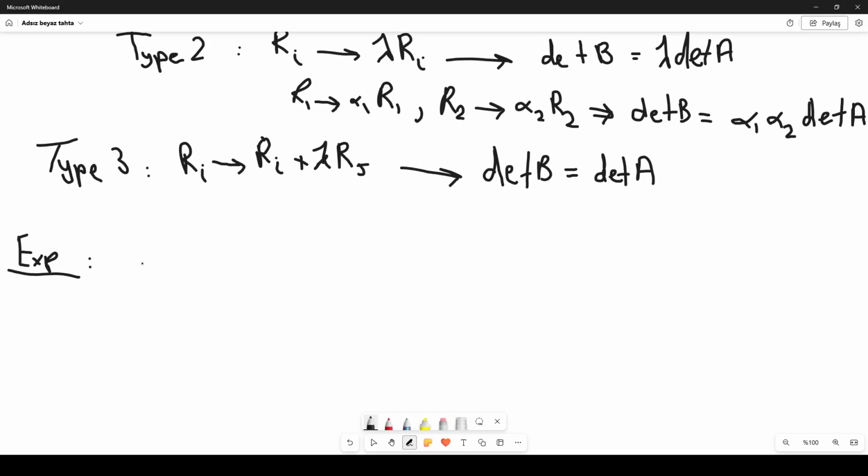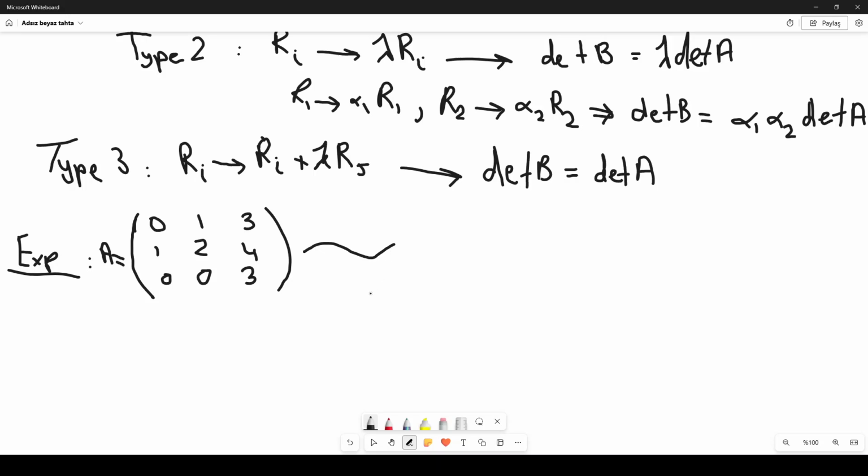Now, suppose that our matrix is given in this form. So say 0, 1, 3, 1, 2, 4, 0, 0, 3. Now let's find the determinant of this matrix by using elementary row operations.